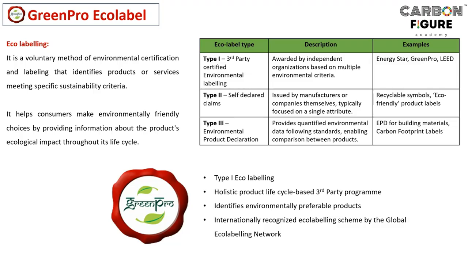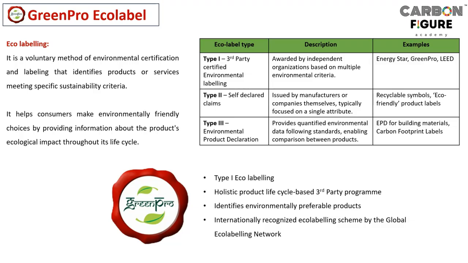First of all, you should understand here that Type 2 and Type 3 may not be called certification, whereas Type 1 is most of the time mentioned as certification for a product, which means a certified green product. That terminology, certified green product, may not come into the picture for Type 2 and Type 3.